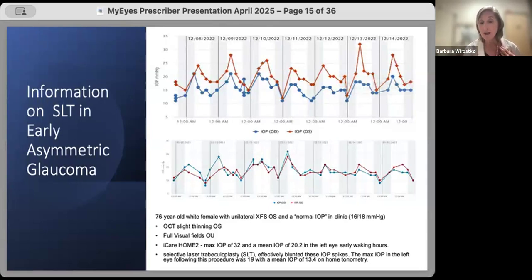Well, it turned out that on the eye care home, that left eye was actually spiking, as you can see, close to 30, and definitely into the mid to high 20s on a regular basis. So that's the red line there. The blue line is her right eye. We did an SLT, and what it did was it flattened that spike, it flattened that curve, and it superimposed that left IOP almost on top of the right.